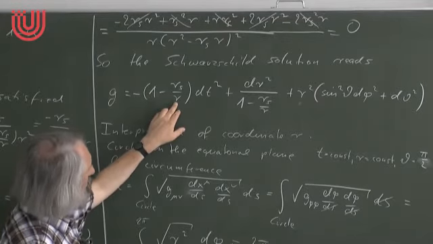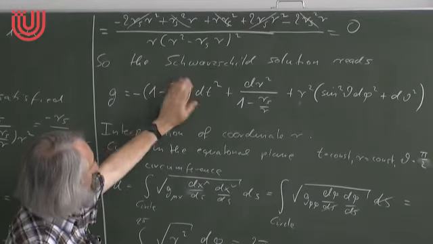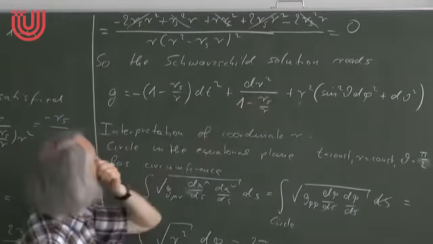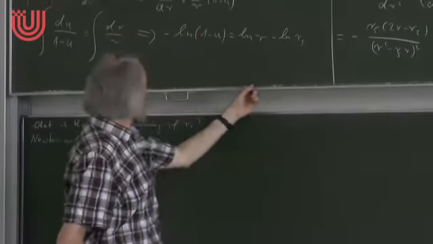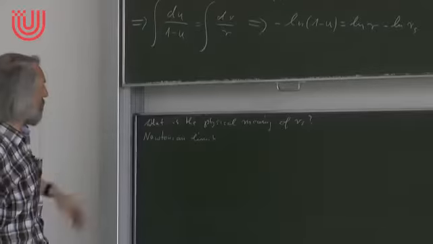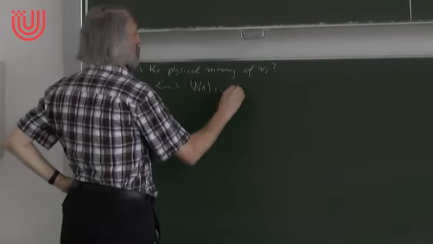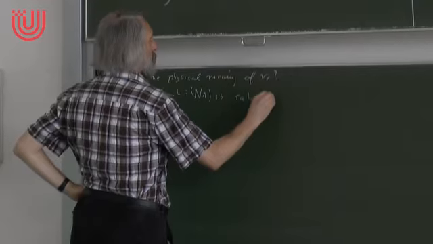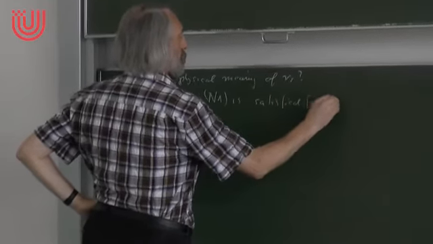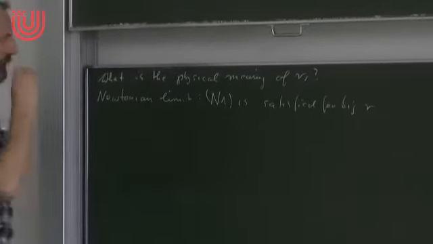So for r big, this is approximately just the Minkowski metric. So the condition N1 is satisfied for big R. So if we consider the metric for big R, then we can use the equations of the Newtonian limit. So N1 is satisfied for big R.